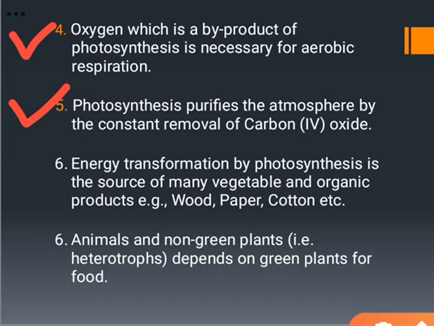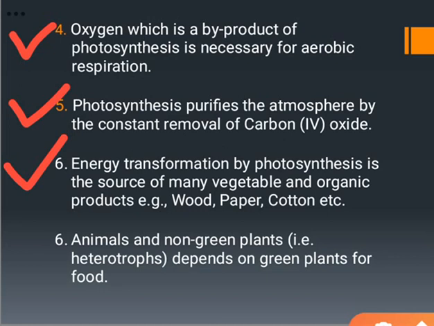So, because photosynthesis removes excess carbon dioxide from the atmosphere, we say it purifies the atmosphere. That's an importance. Number 6. Energy transformation by photosynthesis is the source of many vegetable and organic products, for example, wood, paper, cotton, and so on.